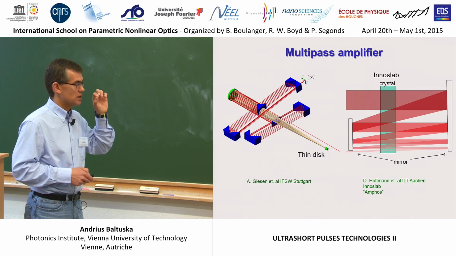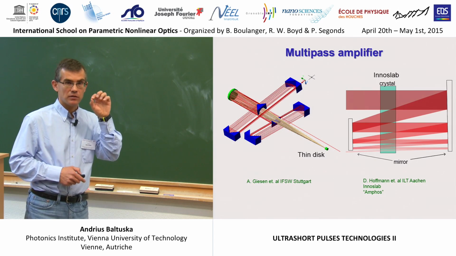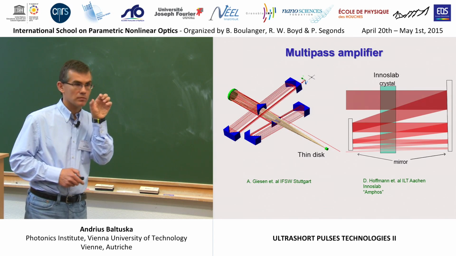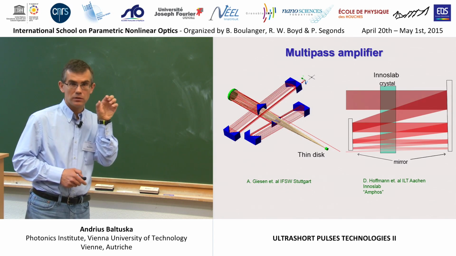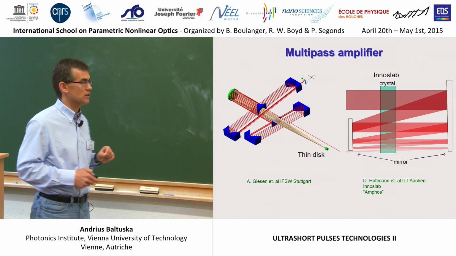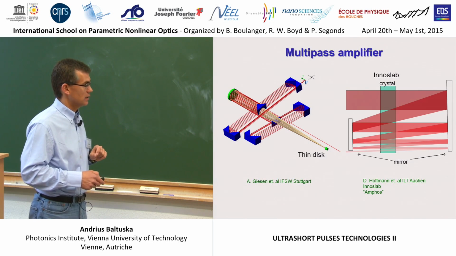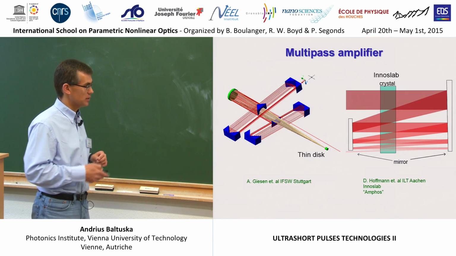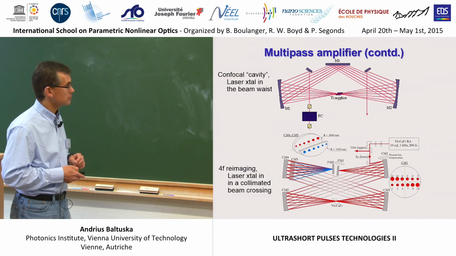But after each pass through the amplifier, of course, the energy increases, so you need to stretch the beam in one direction to adapt to this condition of being close or above the saturation fluence. And therefore, they do this kind of zigzag of single passes, and the beam is shaped in one direction by using cylindrical optics.